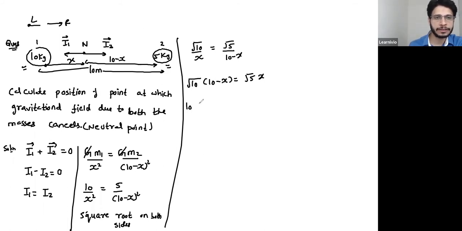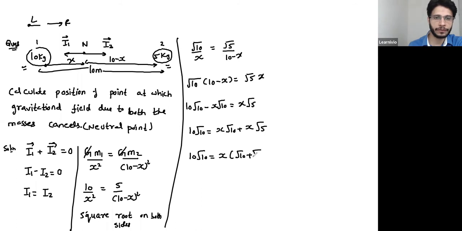So you can write this as 10 root 10 minus x root 10 is x root 5. I can take this to the right hand side. It's x root 10 plus x root 5. So 10 root 10 is x times (root 10 plus root 5). So your x comes out to be 10 root 10 divided by (root 10 plus root 5).